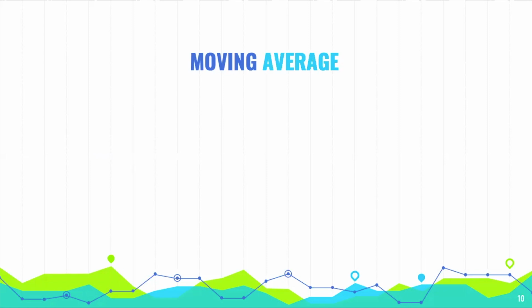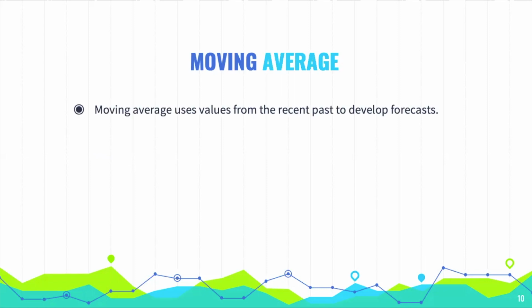So the first statistical technique that we can use for time series is the moving average. Moving average uses values from the recent past to develop forecast. This dampens random increases and decreases kasi yung pinaka-ginagamit niya lang is yung pinaka-recent lang na data.